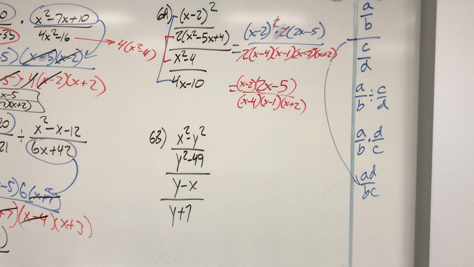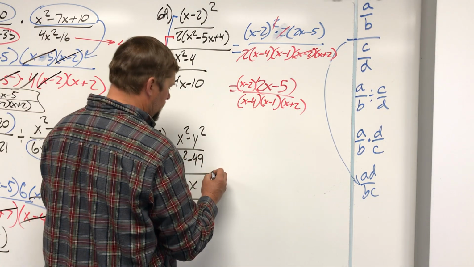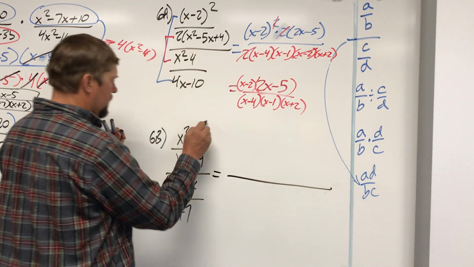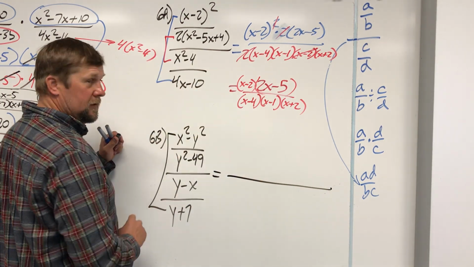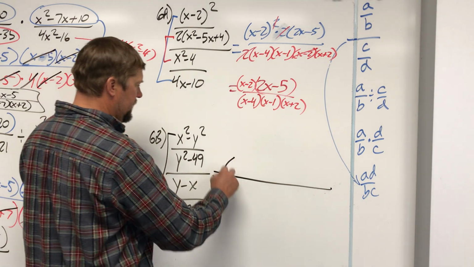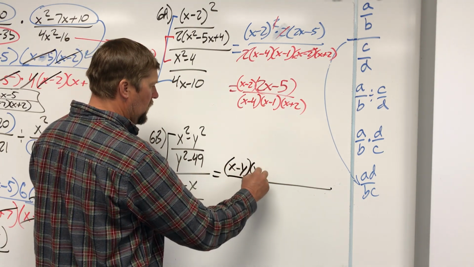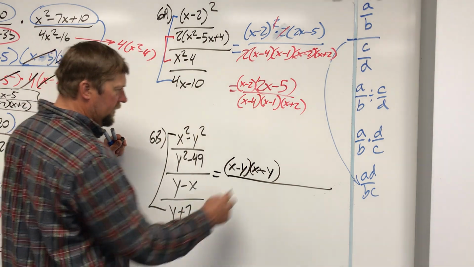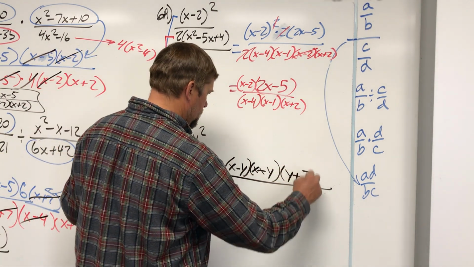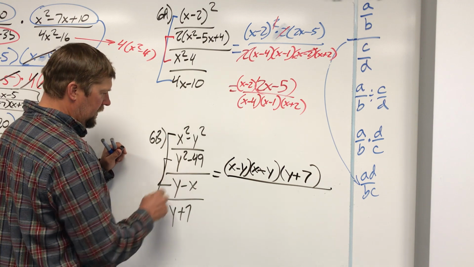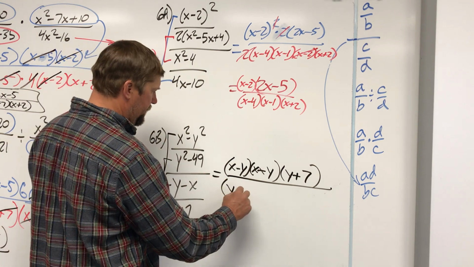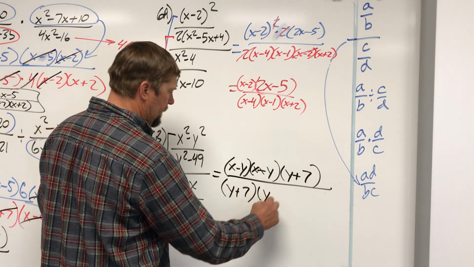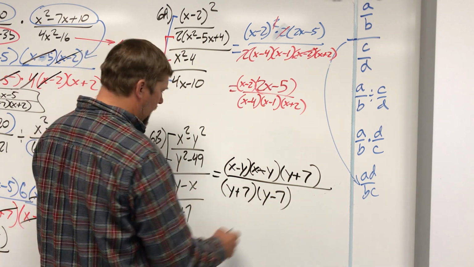Okay, same thing here. We're going to factor. A times d is on the top, so this is x minus y, x plus y, because that's a difference of 2 squares. This one is just y plus 7. This one is a difference of 2 squares, y plus 7, y minus 7. And then it's y minus x.